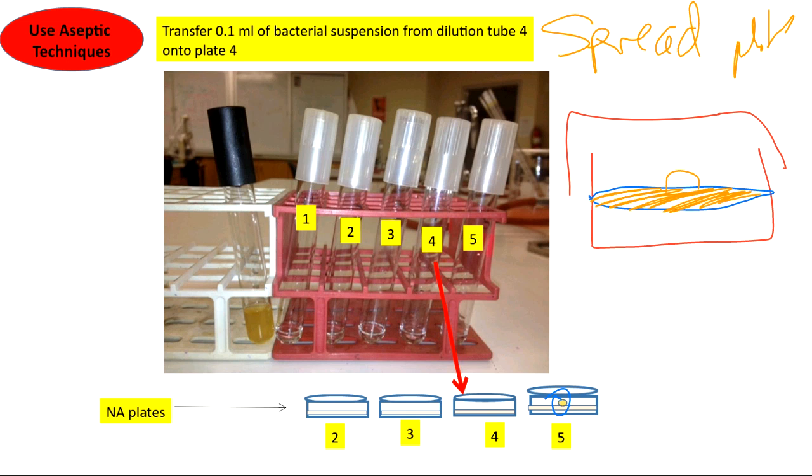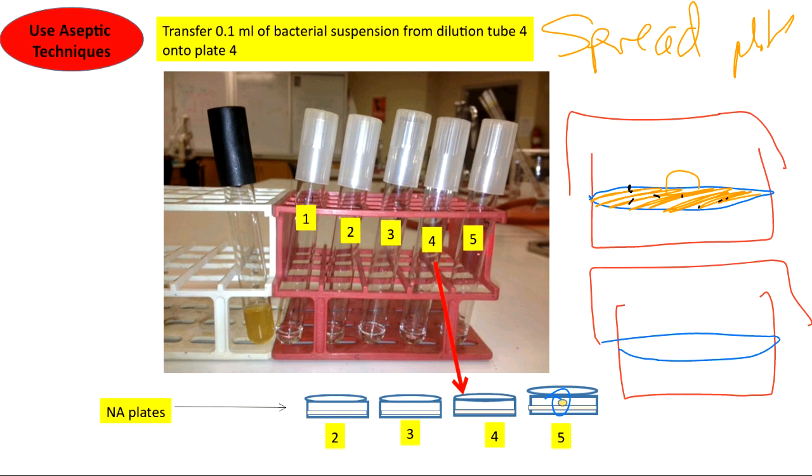So when those cells, which hopefully are diluted enough to where you end up with individual cells falling in discrete areas, after incubation, we're going to see colonies on top of the agar only, individual colonies that can be counted.